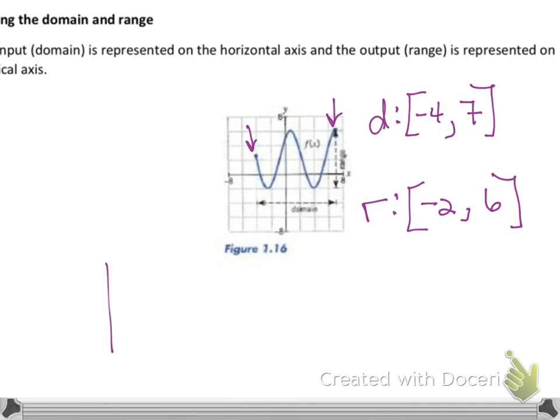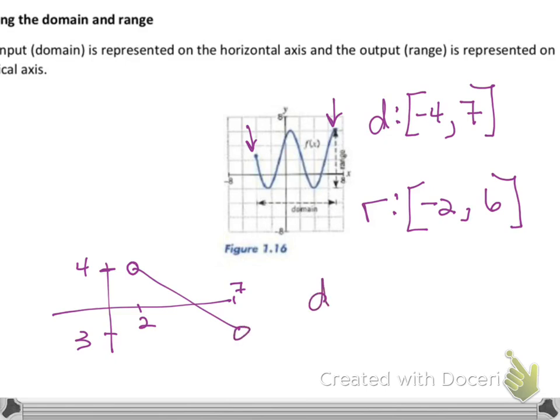So what if, just for an example, I gave you a line, and I said that this was 4, and this was, I don't know, 2, and this was 3, and this was 7. And I put open circles here and here.